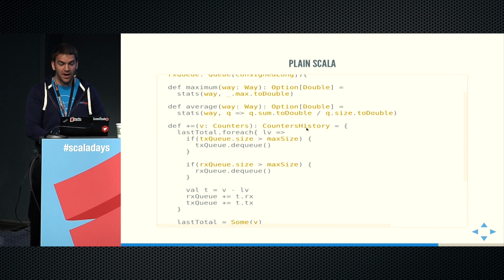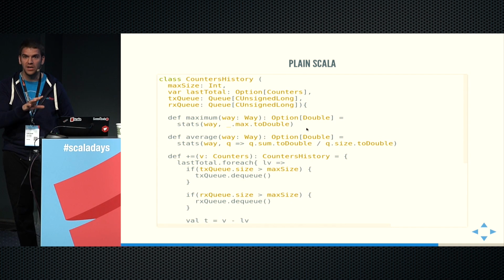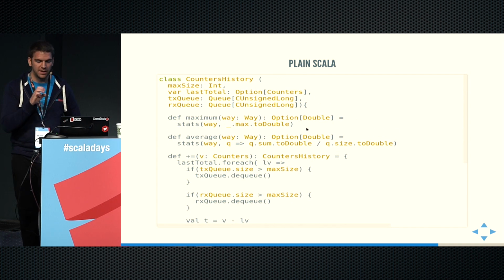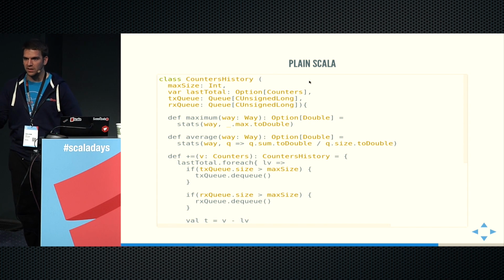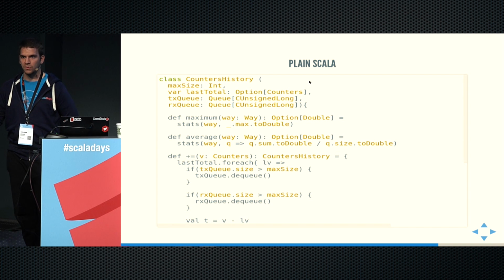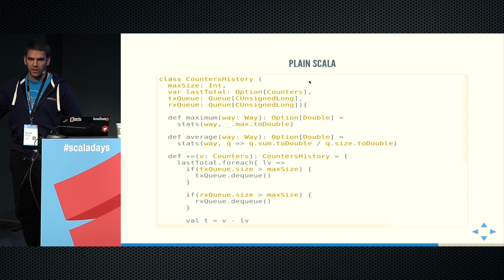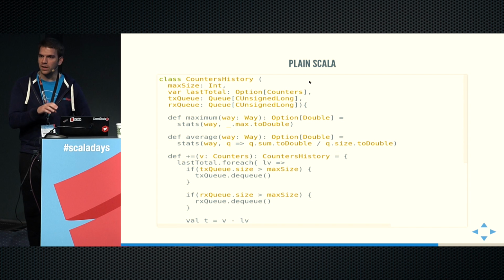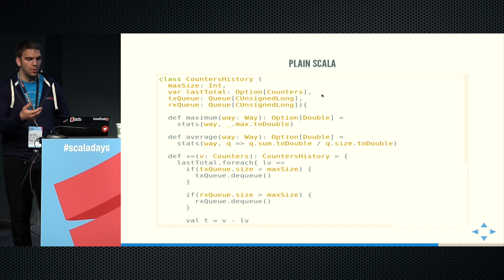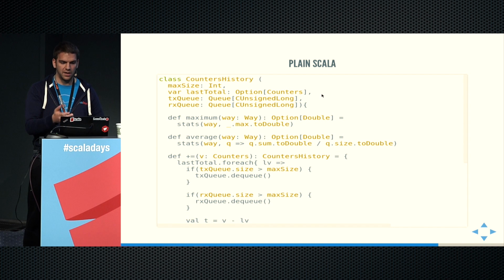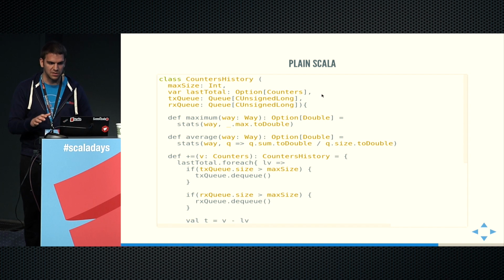All right. So at this point, it's really plain Scala code. And this is so important. At this point, we have collected all the necessary information from the low-level code, the Linux API. We can render on the screen. So this is where it really gets interesting. We define a data structure called counters history.